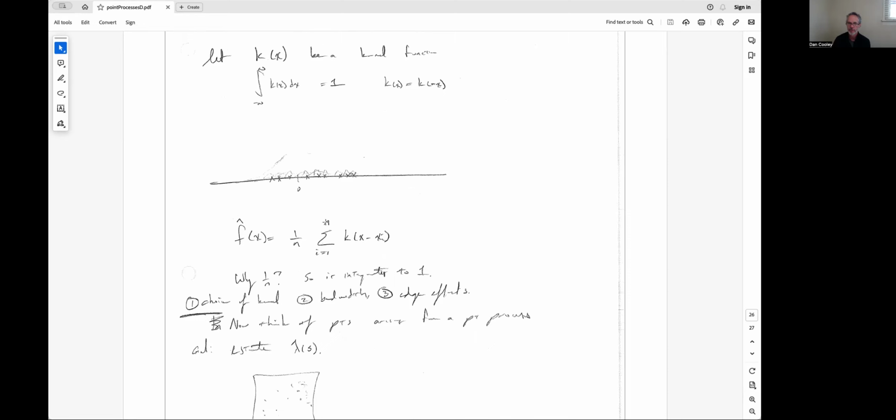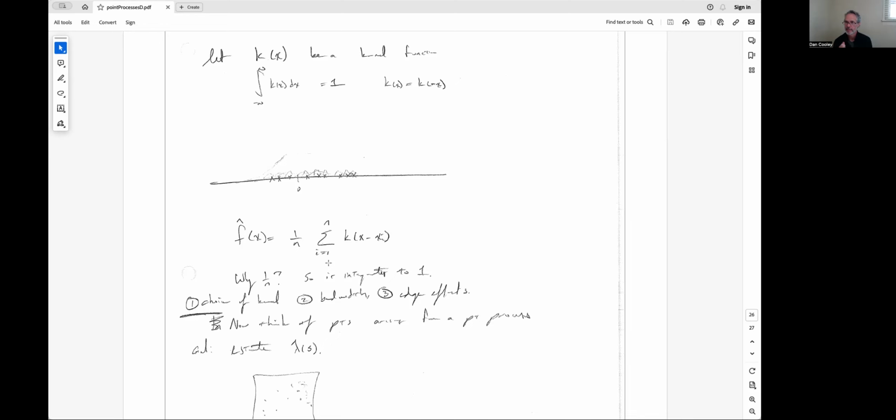The reason we normalize by the number of points is that if I integrate this, each of these kernels is going to sum to 1, and so the sum is going to be n, and my kernel density estimate has an integral of 1, which is what we want when we're doing a density. But it's not what we want when we're doing intensity estimation.